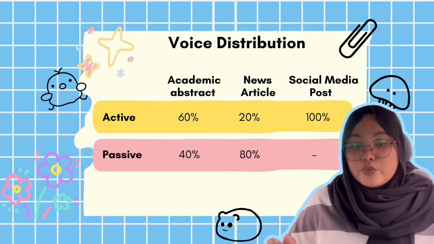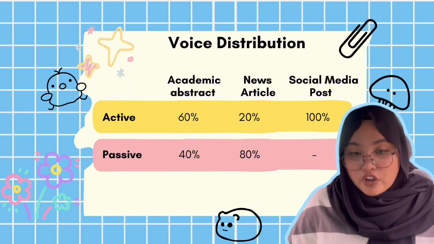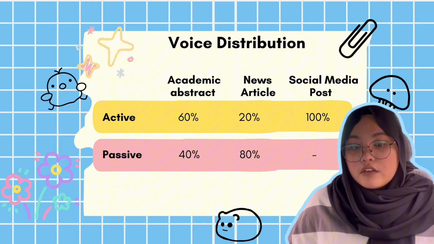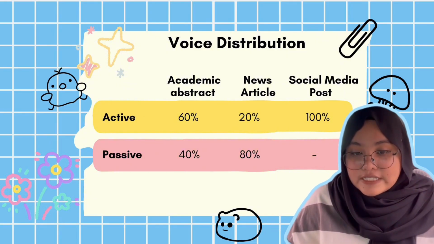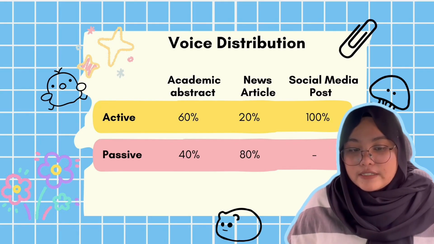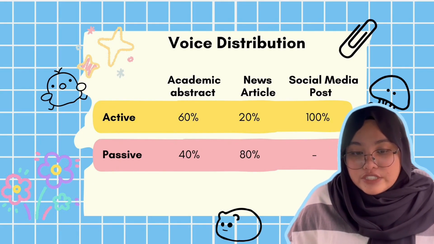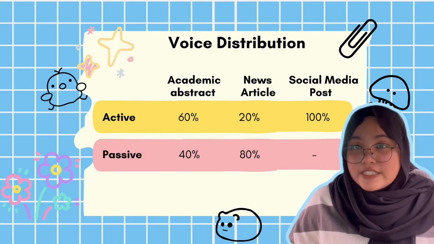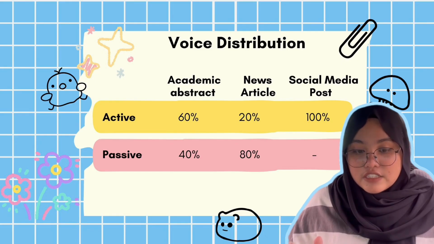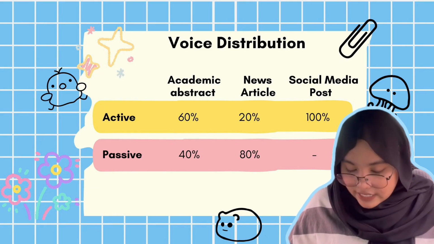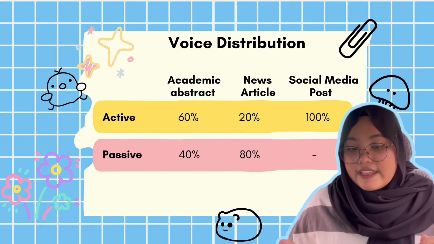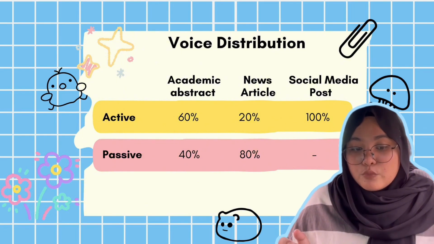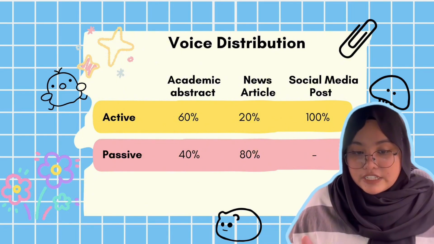And now we are going through comparisons of voice distributions of professional and social media. The social media post uses the active voice exclusively, 100%, allowing the organization to clearly identify itself as the agent of actions. This promotes transparency, responsibility, and audience connection.